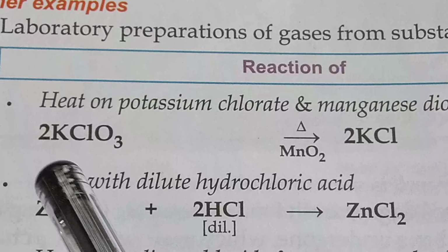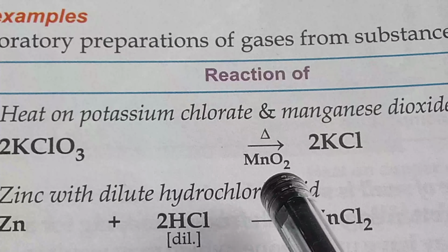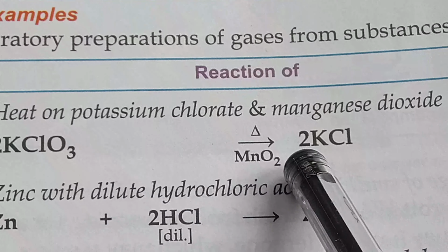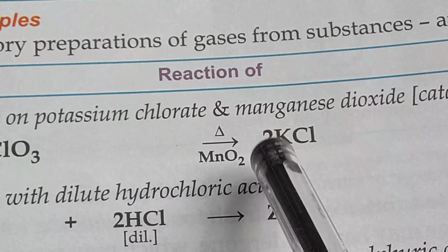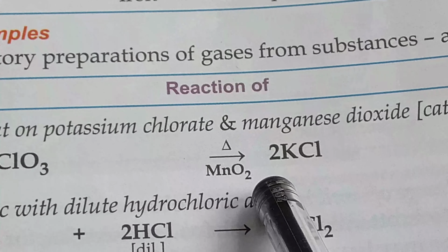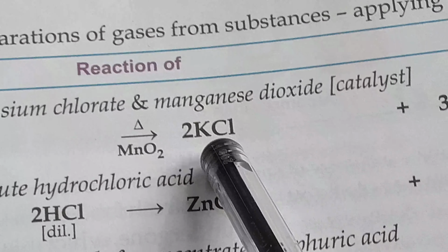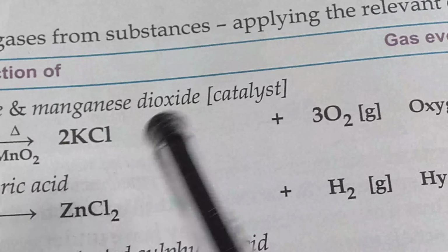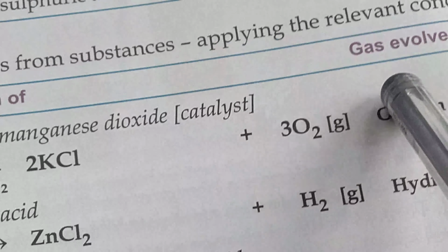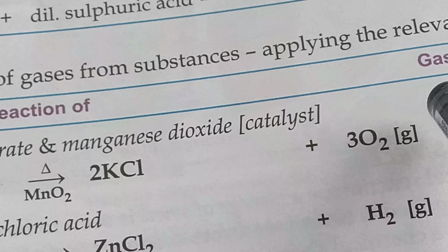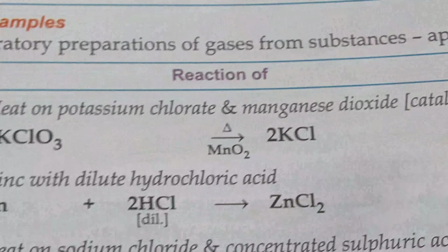Potassium chlorate is heated, whereas manganese dioxide acts as a catalyst because it helps to increase the rate of chemical reaction. Potassium chlorate decomposes and turns into potassium chloride plus oxygen gas. So oxygen gas is evolved in the form of bubbles, which also indicates it is a chemical change.